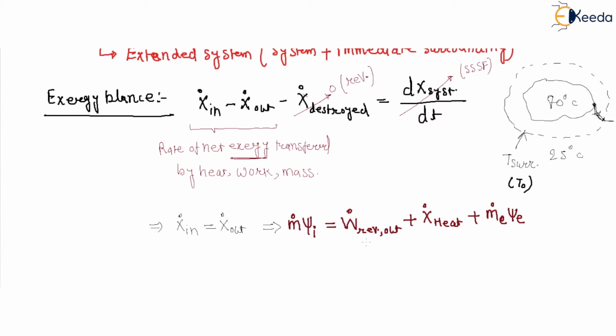But if you find this work is the maximum reversible work, very important, this term is zero. I'm telling you, many students will get confused here. This term is zero, very important. Heat transfer is zero.